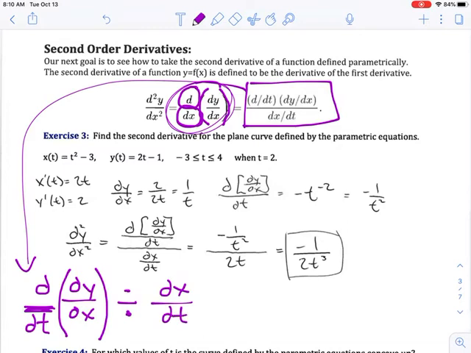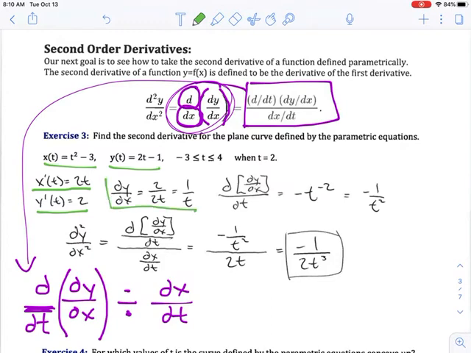All right, so let's see how that looks when we actually do it. So here is my dx/dt, 2t, and here is dy/dt, or y prime of t, from my function of y. Then finding dy/dx is simply dy/dt over dx/dt.